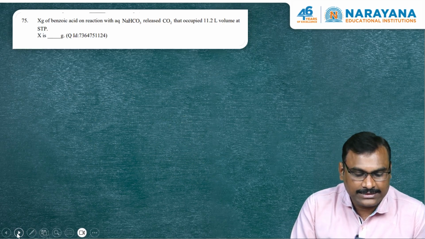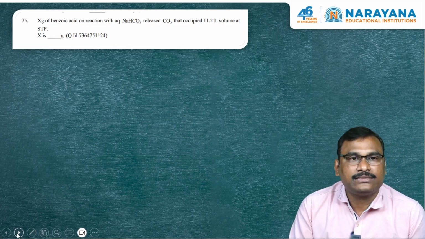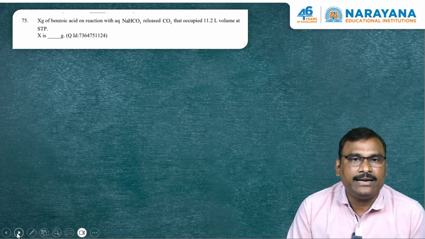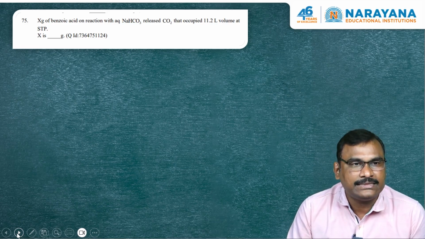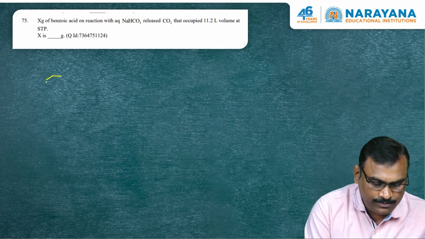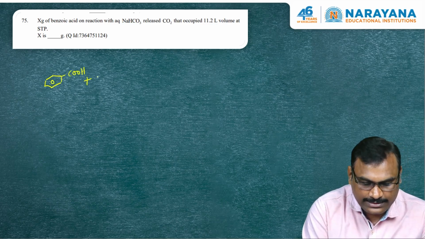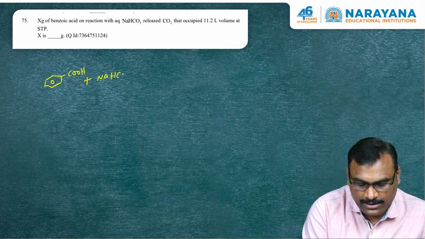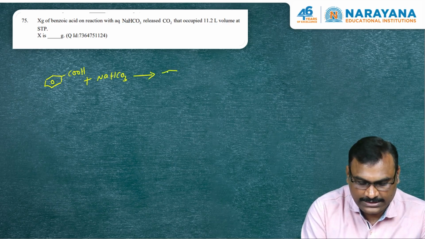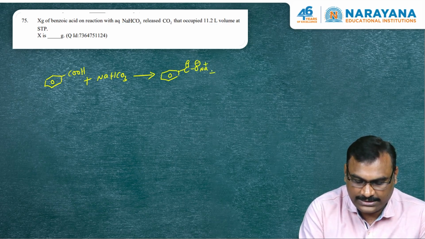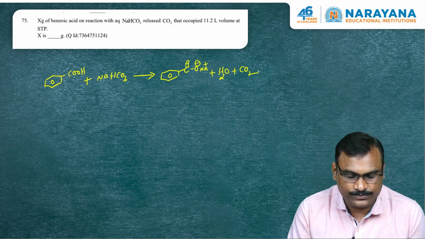X gram of benzoic acid on reaction with aqueous sodium bicarbonate released CO2 that occupied 11.2 liter volume at STP. So benzoic acid on treating with sodium bicarbonate produces sodium benzoate plus H2O plus CO2.